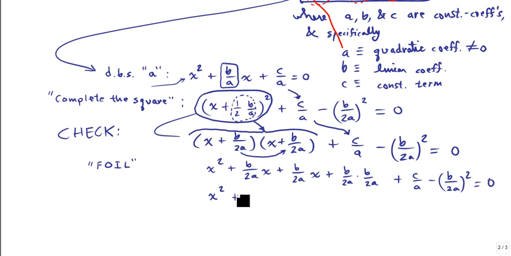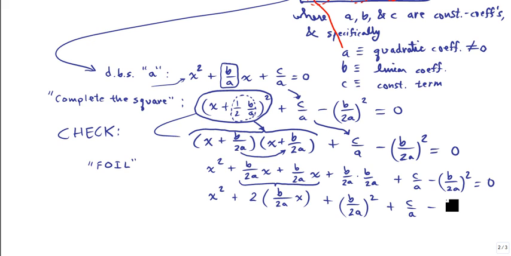All right, so now we have x squared, plus b over 2a times x plus b over 2a times x. That's two of those terms, so I get 2b over 2a times x, from these two. Plus I get b over 2a times b over 2a, which I could write as b over 2a squared, plus c over a minus b over 2a squared.